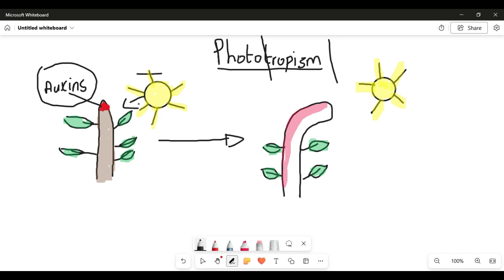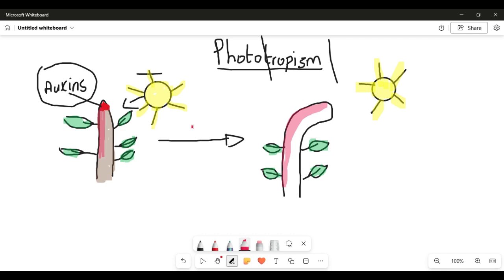And they'll move to the darker side. Let me just draw it. The auxins will move to the darker side, to this side, because auxins are sensitive to light. So they'll move to the darker side.